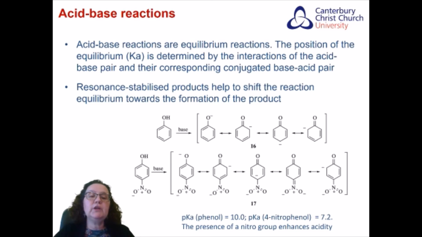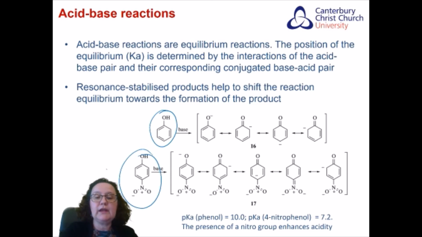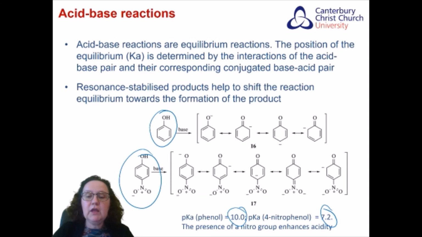So for example, if you compare the acid properties of phenol and 4-nitrophenol, 4-nitrophenol is a stronger acid than phenol. They are both weak. As you can see, the pKa's are both quite large, but within both, 4-nitrophenol is a stronger acid. And why? Because when phenol reacts with a base, it is possible to form resonant forms.